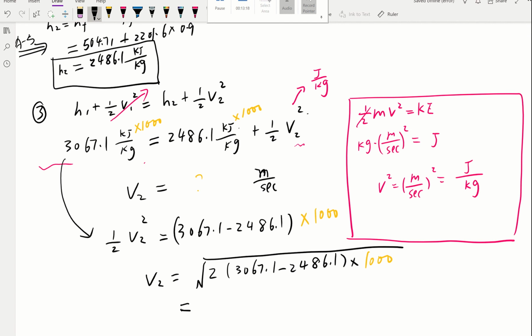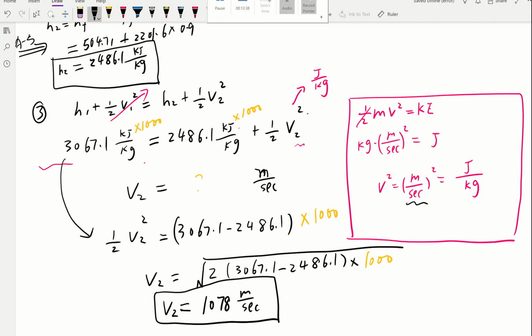Then we get 1078. Then you get your desirable unit as meter per second for velocity. So that's your V2.